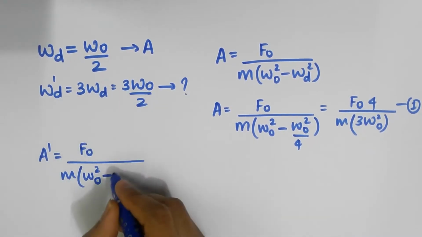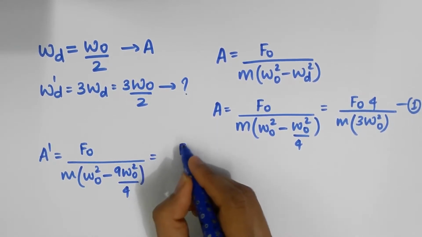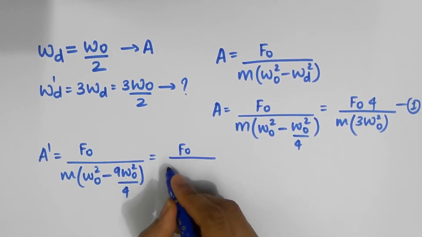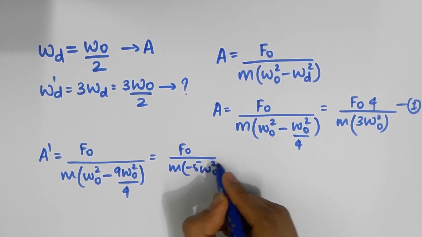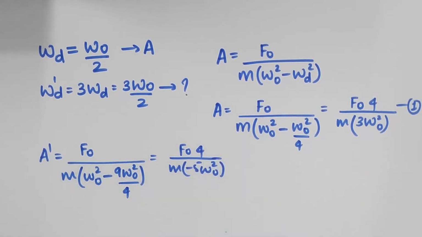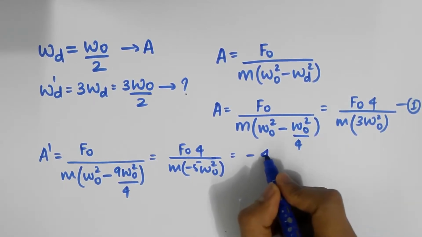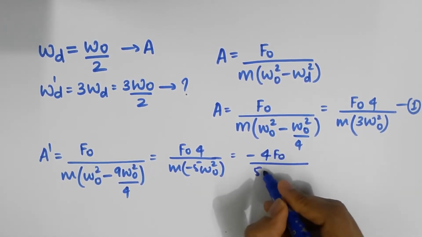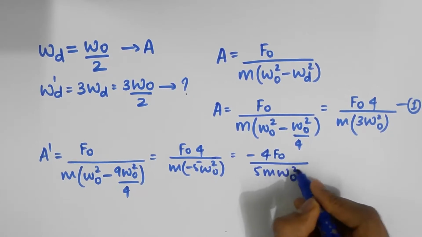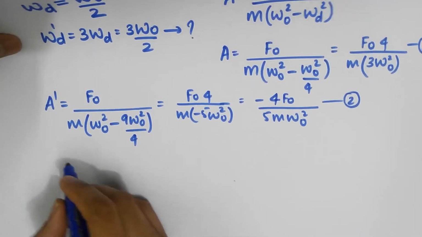Now omega d squared is 9 omega naught squared divided by 4, so you get minus 5 omega naught squared by 4, which I will write as minus 4 f naught divided by 5 m omega naught squared. That's equation number 2. To solve this, all we have to do is divide the two equations.